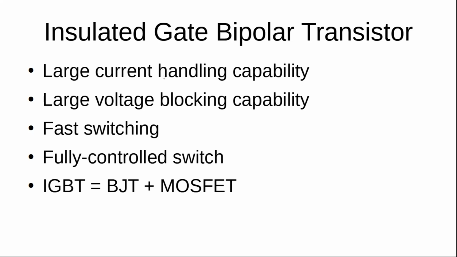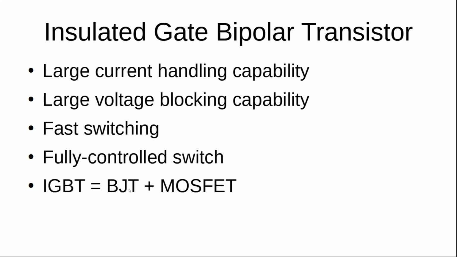So we didn't have that much current. The maximum current it could carry was lower than that for the BJT, because we just had electrons carrying all the charge. We didn't have any holes. So it can't carry as much current. The BJT would be able to carry more current.